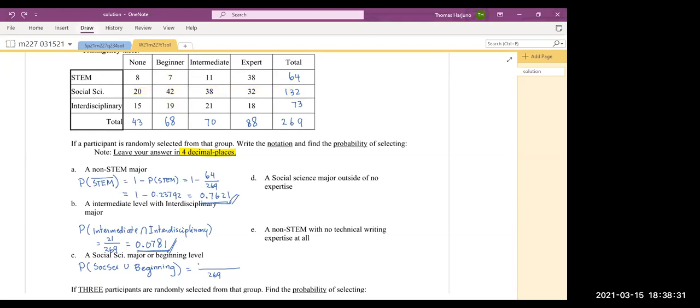So I will do 132 plus 68 minus 42 over 269. That's 158 over 269. That's 0.58736, so 0.5874.